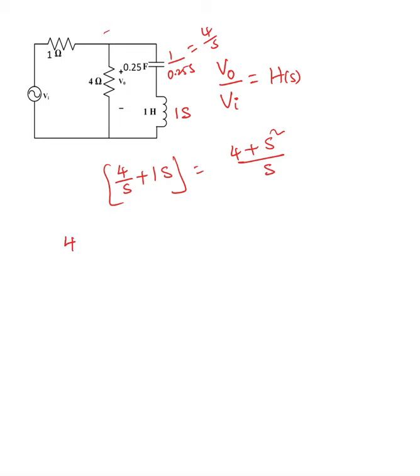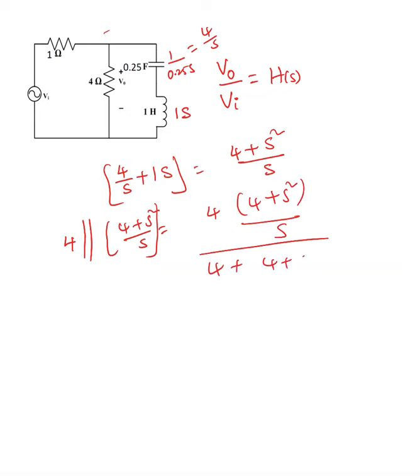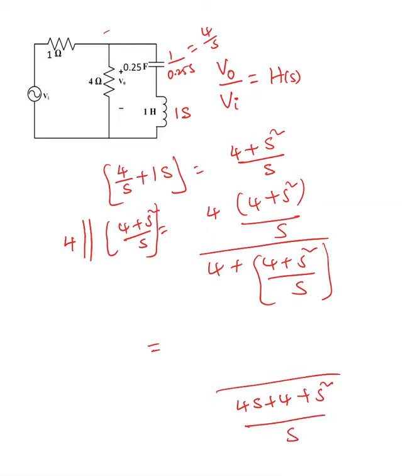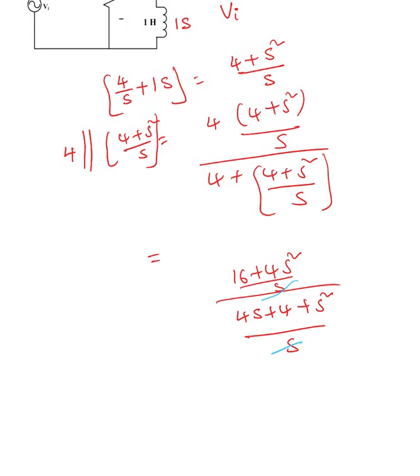So 4 is in parallel with 4 plus S square over S. It's going to be 4 times 4 plus S square over S, divided by 4 plus 4 plus S square over S. I'm going to do the LCM in the denominator, so it's 4S plus 4 plus S square over S, and the numerator is 16 plus 4 S square over S. Now this S and this S cancel out.